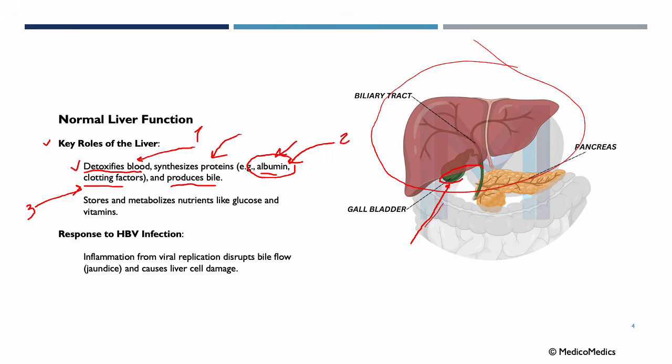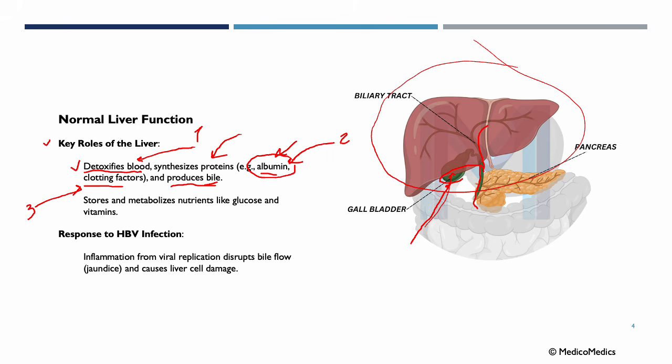So in this gallbladder, you have bile, and this bile that is stored in our gallbladder is released into the small intestine. Without going into more detailed anatomy here, there are bile ducts connecting with our liver, forming the common bile duct, continuing down through the pancreas and connecting with our intestine.